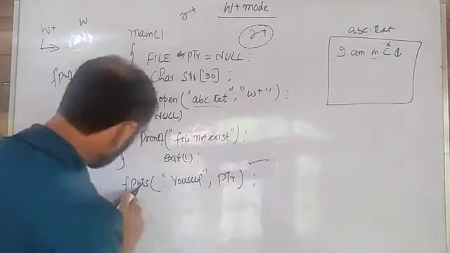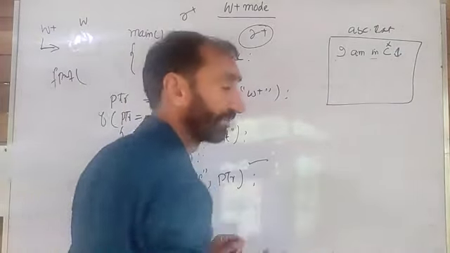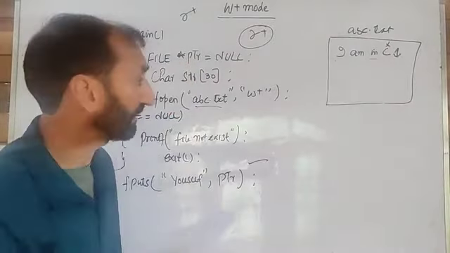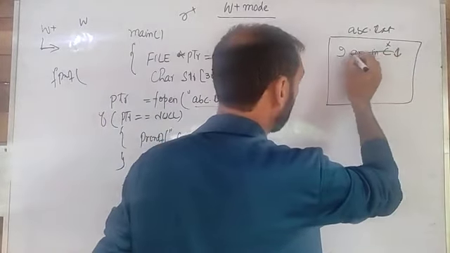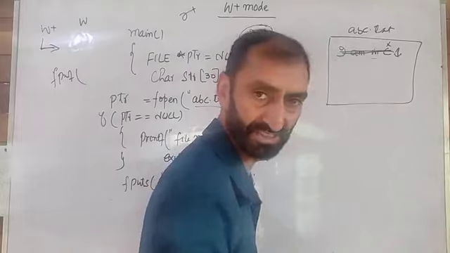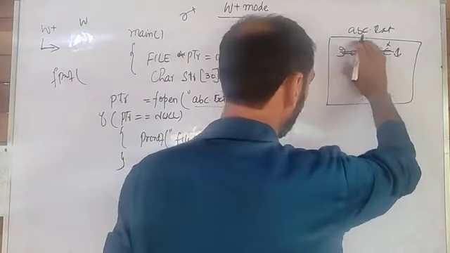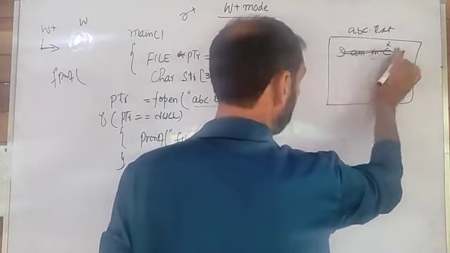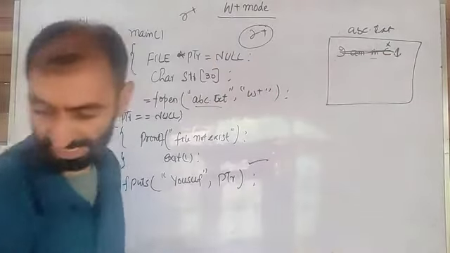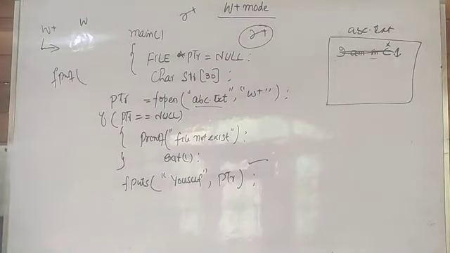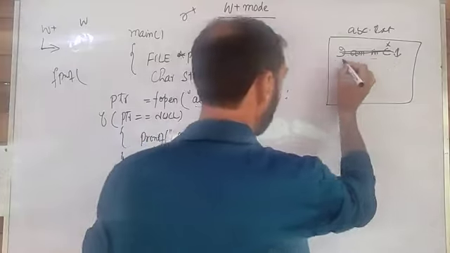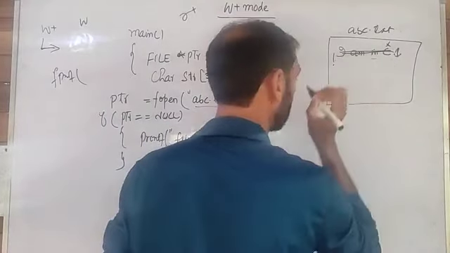And I want to write Yousuf on this file. What will happen? It will erase these contents. It will delete these contents, truncate the file to 0, and the cursor will reach the beginning.